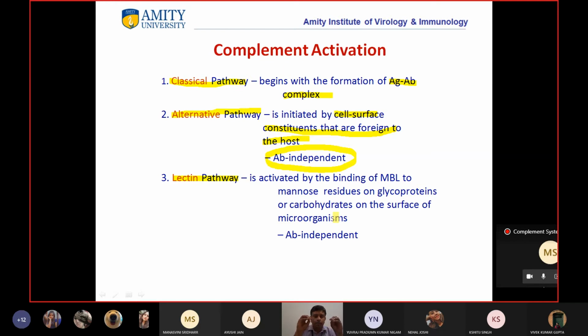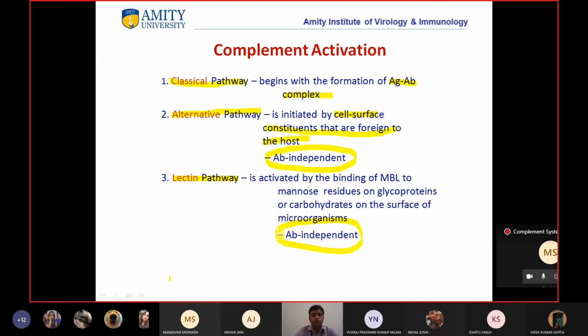So the lectin pathway gets initiated by a different mechanism when the host protein binds to a bacteria, and then this complement system gets activated. So again, you do not require antibody. Even this mechanism is antibody independent. So only the classical pathway is dependent on antibody. The alternative pathway and lectin pathway are not dependent on antibody for activation.